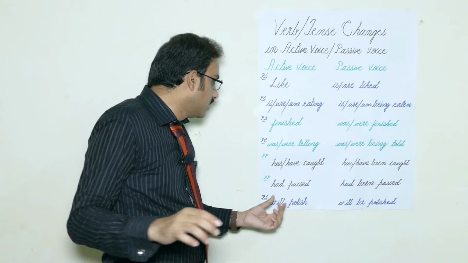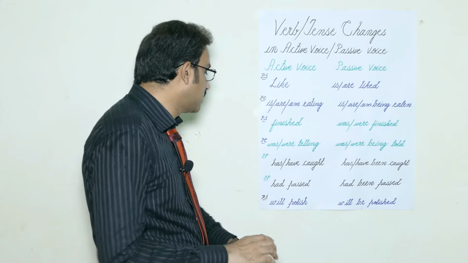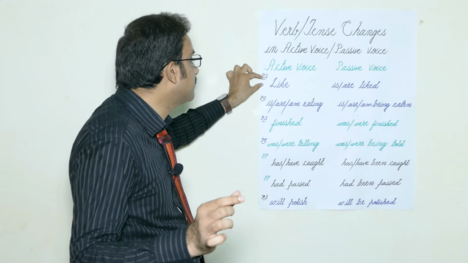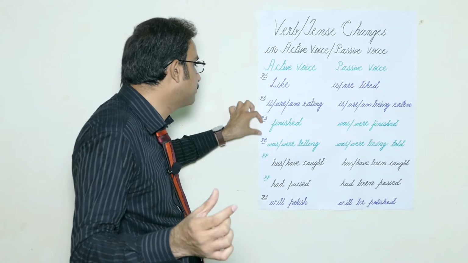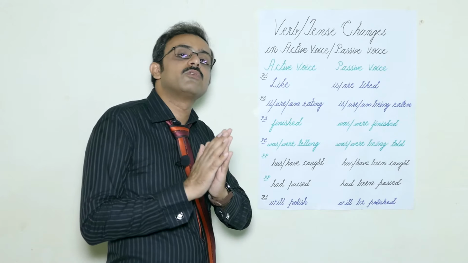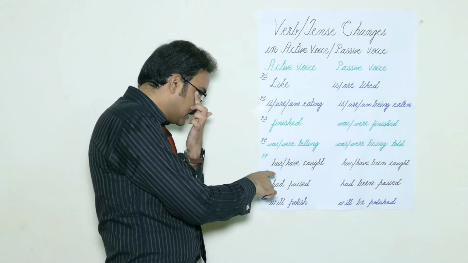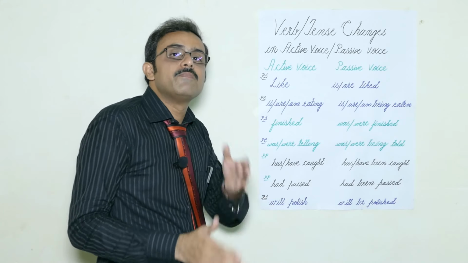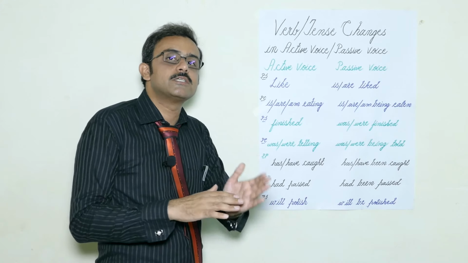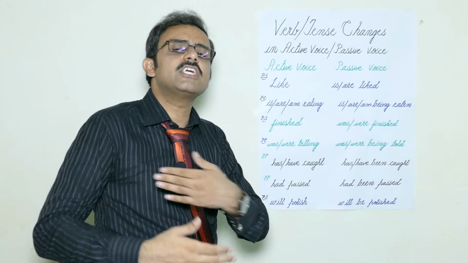Okay. Now we are moving towards the future simple. We did today present simple, present continuous, past simple, past continuous, present perfect, past perfect, and now we are moving towards the last segment, future simple. The rest of the categories of future would be discussed in detail in other lessons.